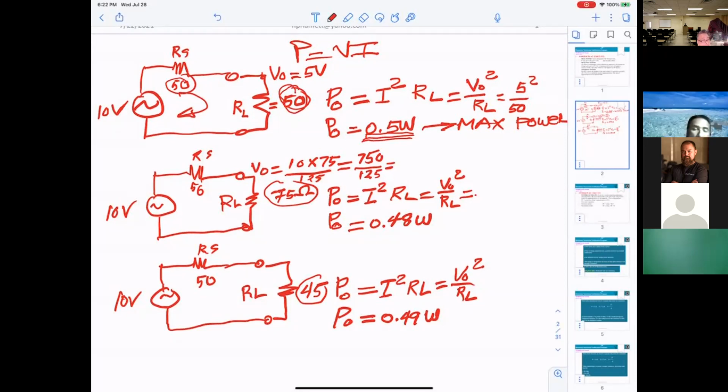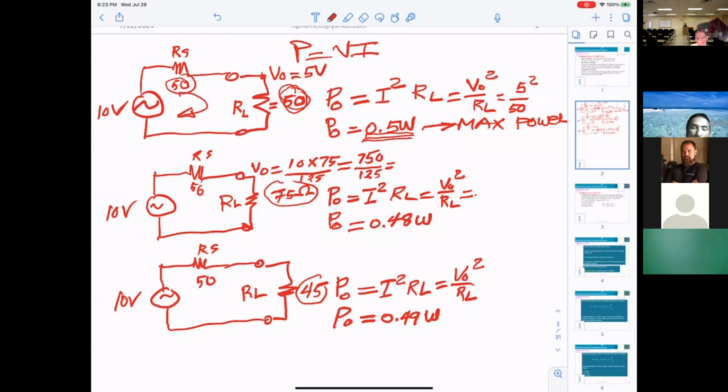That's what they're talking about: impedance matching. That means the internal output resistance of the generator is 50 ohm. Then you have to connect a load of 50 ohm in order to get the maximum power.